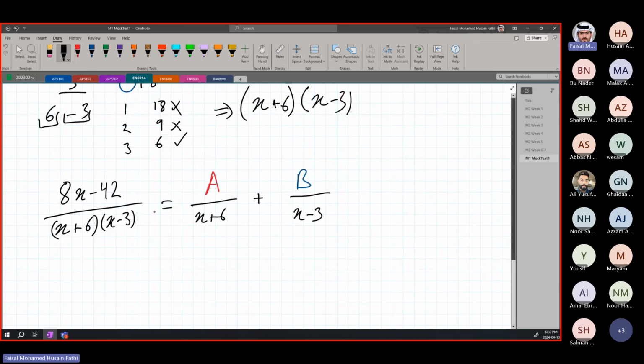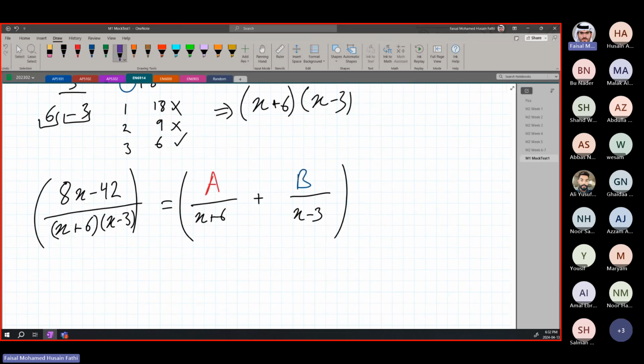Remember, you're now going to multiply this whole thing left and right with the denominator, which is x plus 6 and x minus 3. This will cancel out completely. And then here you're going to do the same thing, x plus 6 times x minus 3.